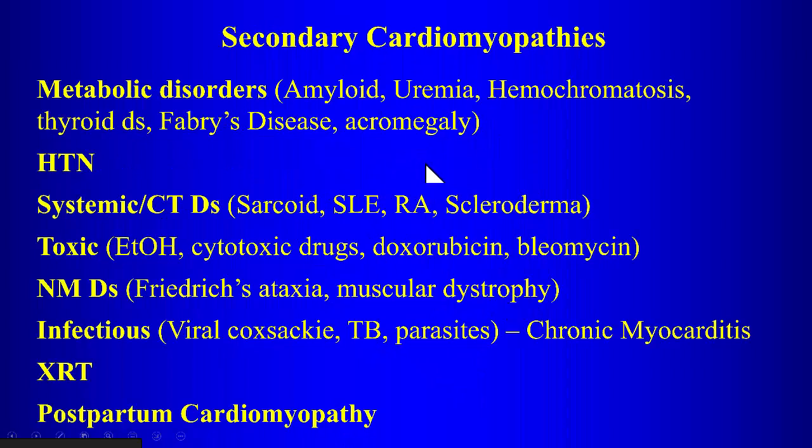Secondary cardiomyopathies, there are many things that can lead to these. There are metabolic disorders, all of these things that I've listed here, hypertension, systemic diseases like sarcoid, connective tissue diseases, ETOH, right? So that's a cause, alcoholic cardiomyopathy, even muscular dystrophy for neuromuscular diseases.